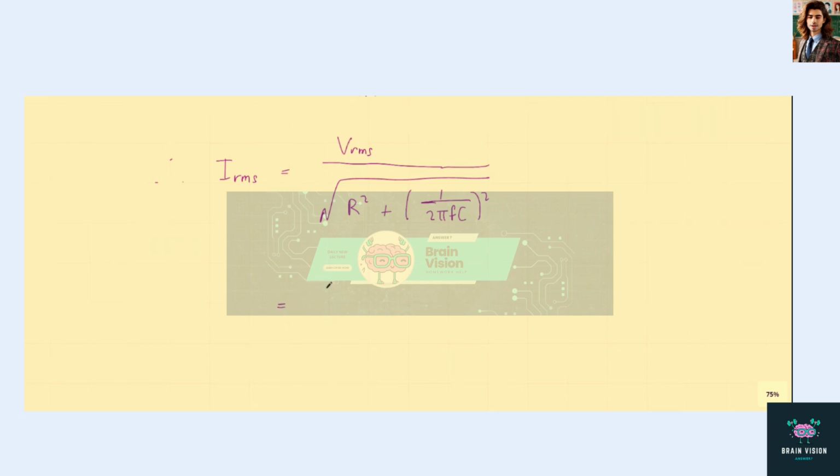And we get this to be V_RMS divided by the square root of R squared plus R divided by 2 pi F times tau all squared.